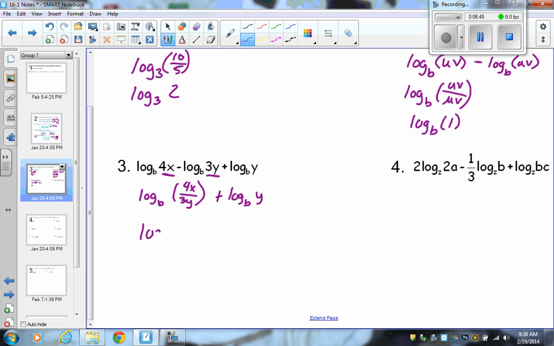So that's just going to give me the log base b of 4xy over 3y. Then the y's are going to cancel. So my final answer would be the log base b of 4x over 3.